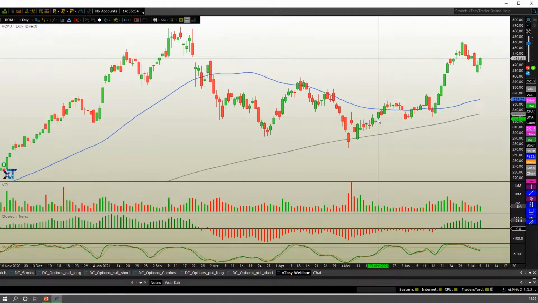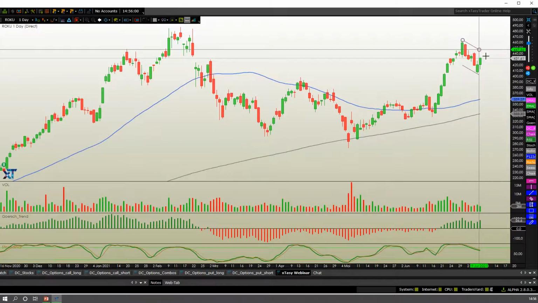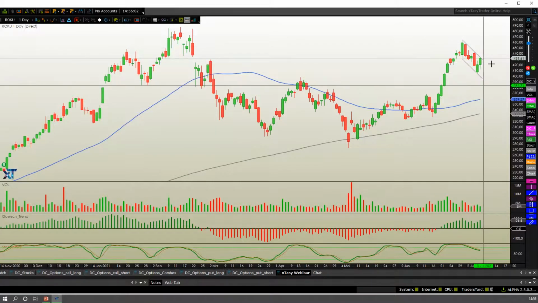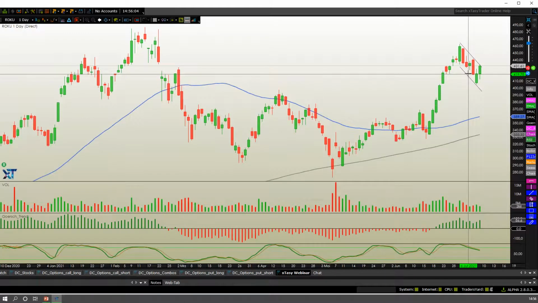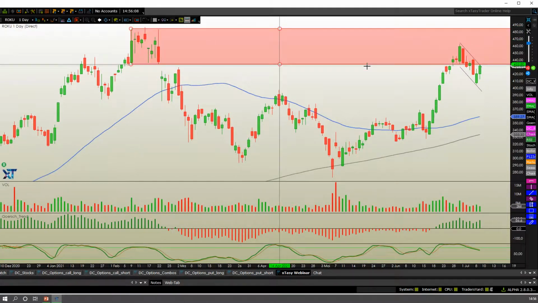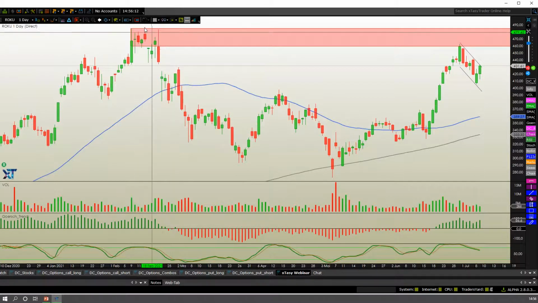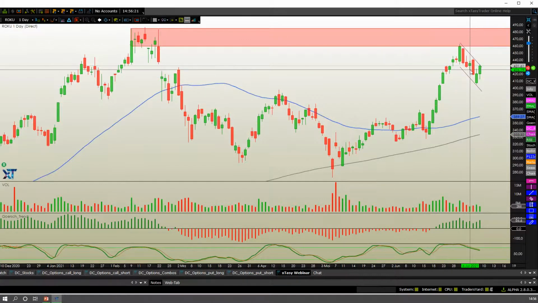On the daily chart, that's what I think is most important at the moment, is this one here. This is something like a nice bull flag, and the beginning of the bull flag is in this big resistance level. So I really like it if prices move to a resistance level and come down in a kind of bull flag.